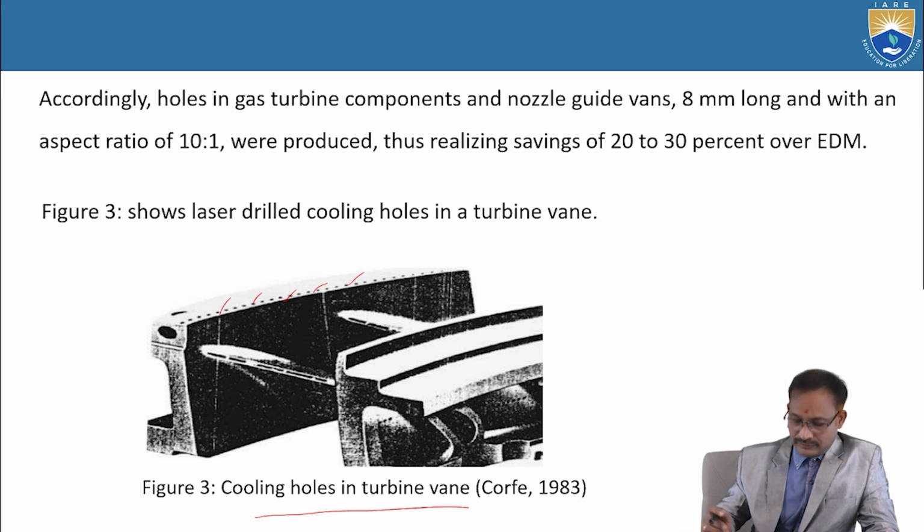Here the quality is very essential for the purpose of operating these turbine blades. There should not be any deviation, no tolerance will be accepted, so we have to make the holes as per the design specifications. For this we have to go with laser beam machining, with high quality holes.